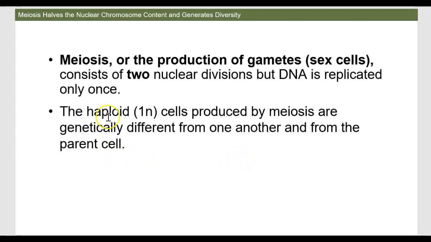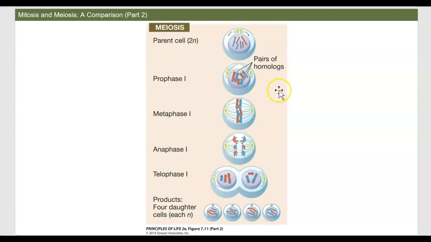So the haploid condition is this 1N. And meiosis is what we might think of as a double division. So once we've copied the genetic material, the cell is going to divide like it does in mitosis, but then it's going to divide again, and those chromosome numbers are going to get halved again. We'll see that here. So in meiosis there are 2 rounds of division.